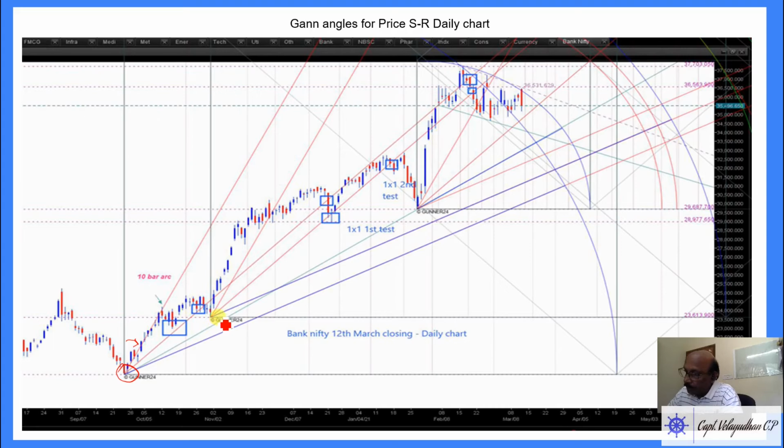Next day, price gapped up open. This is a gap here. It made a bullish candle and closed above 1 by 1. Now, we have seen that price is in a corrective phase, and we saw that price tried to take support here and here.